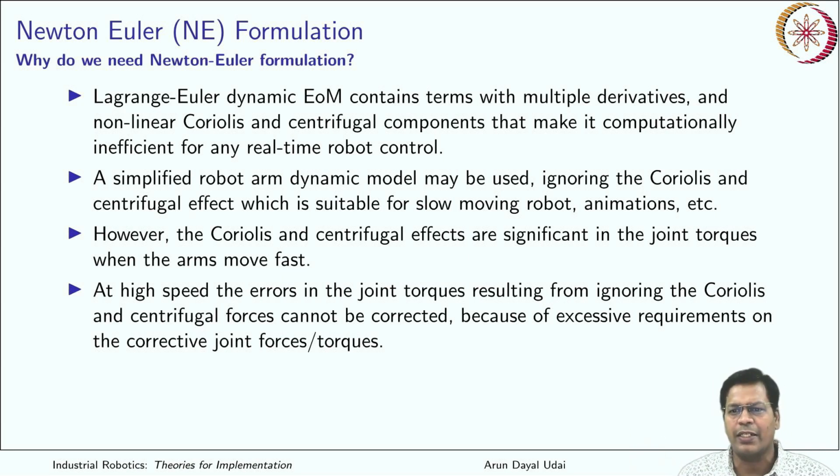We check the errors and further correct them using our controllers. That correction goes really very high, and is sometimes not enough to take care of complete, precise control of the end effector. We'll talk about these controls and corrections in our control module also.